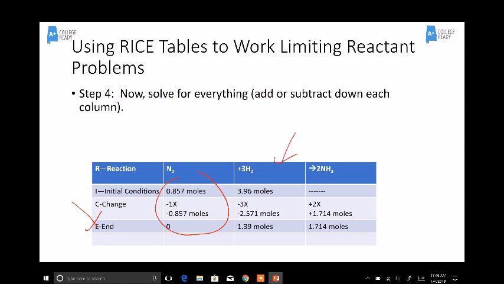Here we're going to take 3.96 plus negative 2.571, and we get 1.39 moles. That means this amount of hydrogen is in excess. It's left over. We didn't use that much of the hydrogen. And then we add up this column. It shouldn't be really anything to add up here. This is the number of moles of ammonia that we made during this reaction.